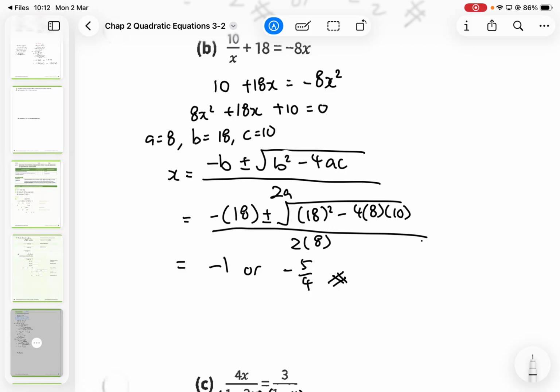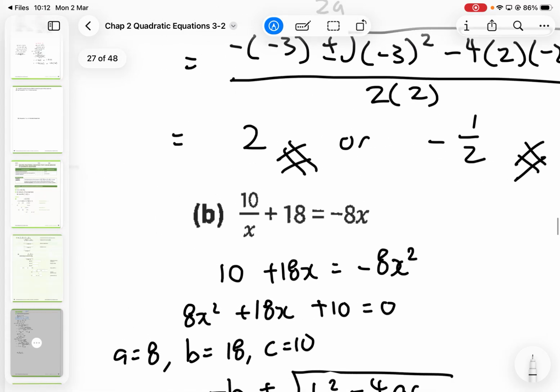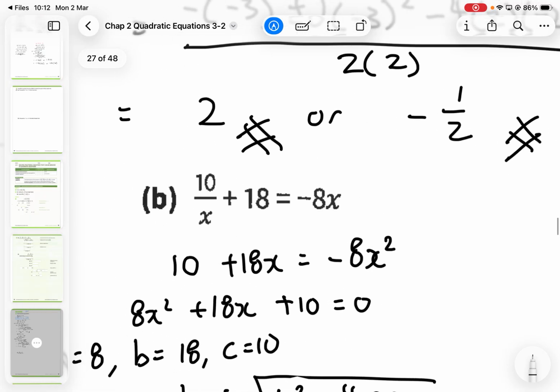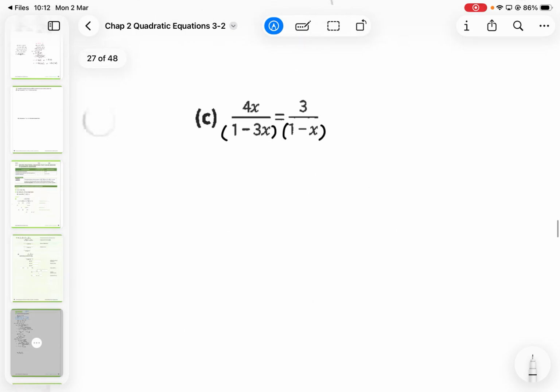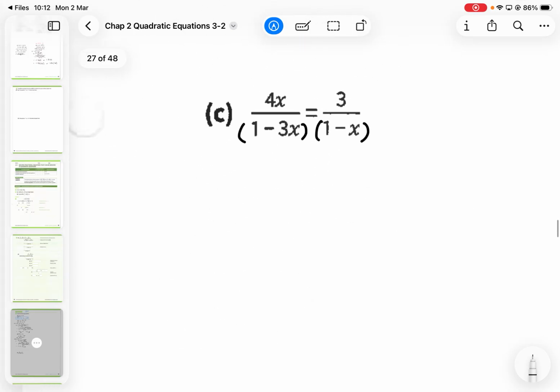Then on the left hand side, I want to multiply this bracket. But because this is an equation, whatever I multiply, I must multiply here. Whatever I multiply, I must multiply here. So in the end, I am multiplying both brackets to both sides. Okay? This is the idea.